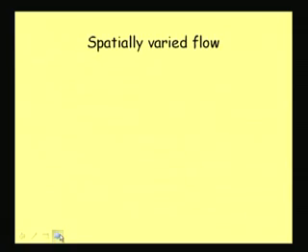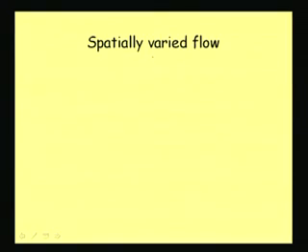Then we talk about another type of variation that we call spatially varied flow. Well, in a river system we can always see that a river is flowing like this, then some tributaries are joining, some branches are coming like this, and that sort of thing is very common.